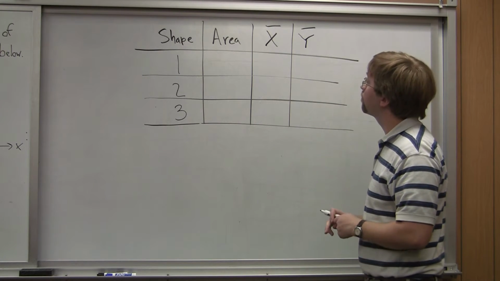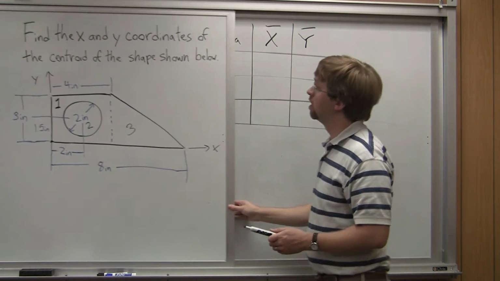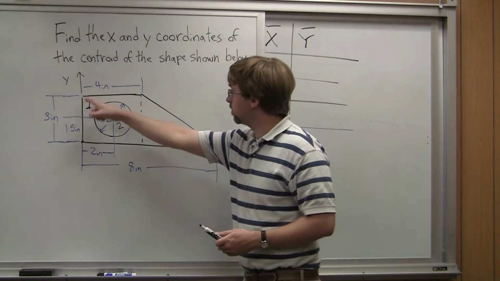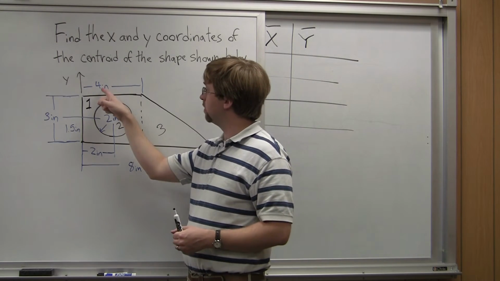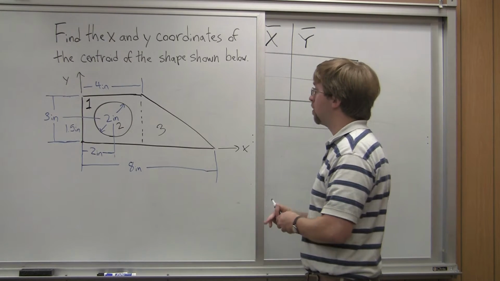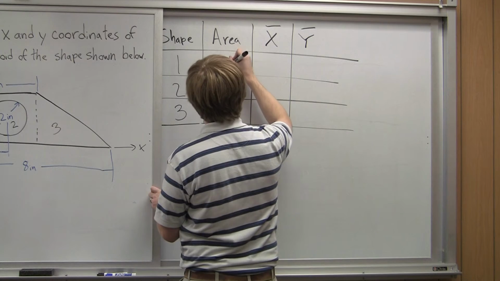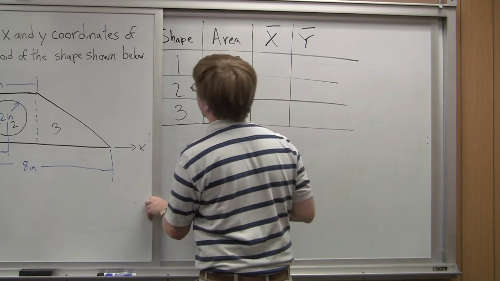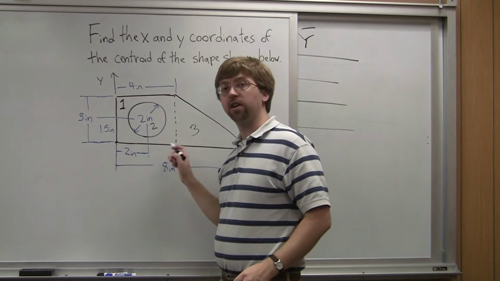So, for shape 1, let's go back to our problem. We've got a rectangular area, 4 inches wide by 3 inches tall. Our area is going to be 12 square inches. So we end up with 12 inches squared right there. All right, next up is my circle. This is a cutout.